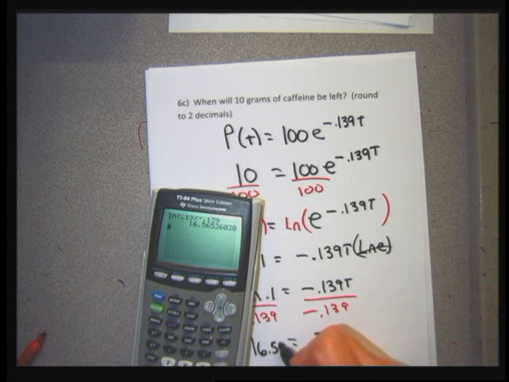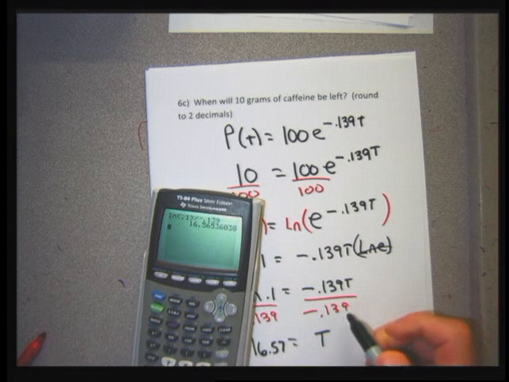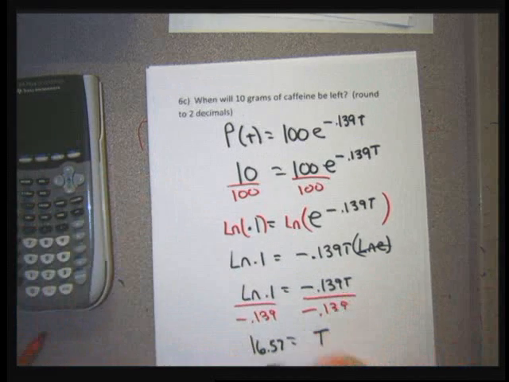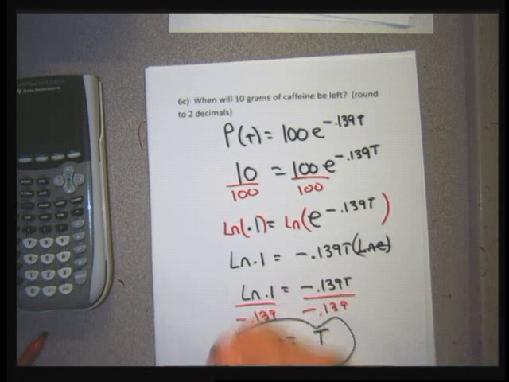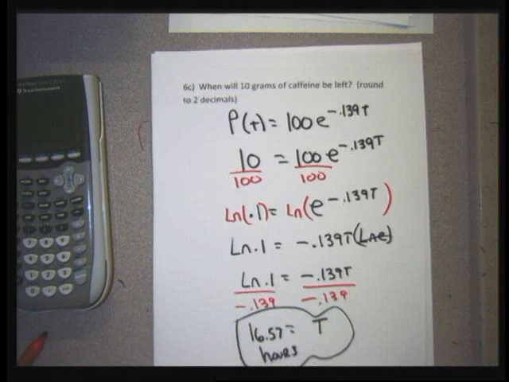I'm going to round that to 7. So 10 grams will be left after 16.57, and my time is in hours for this function. So the answer to part C is my 100 grams will go down to 10 grams in 16.57 hours.